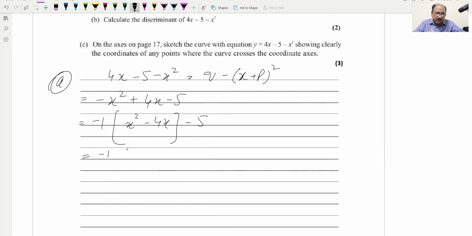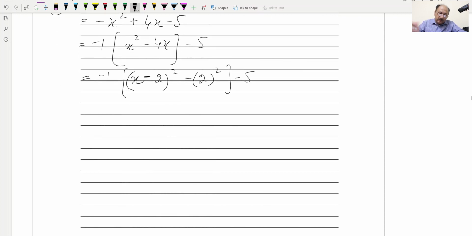So minus 1 as it is, and here x as it is, and whatever here which is 4 we will write, this is copy sign, this minus, and 4 by 2 will be 2, so 2 squared and minus 2 squared like this, and minus 5. This is basically completing square technique. And this one is minus 1, and inside we will write x minus 2 squared, and this will be minus 4 and minus 5.